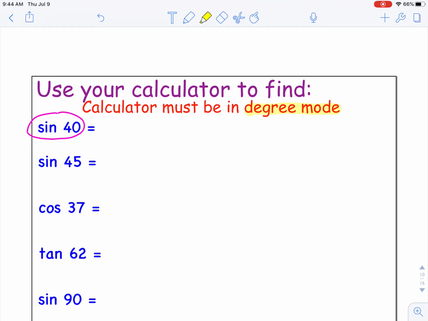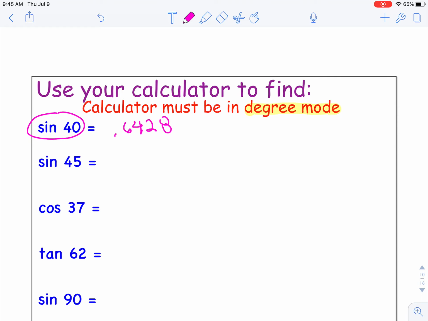So when you hit the sine button and then type in 40, there'll usually be a parenthesis. You can close it. You don't have to if you're just doing the actual ratio, but you get 0.6428. I'm going to round to 4 places because it's more accurate.